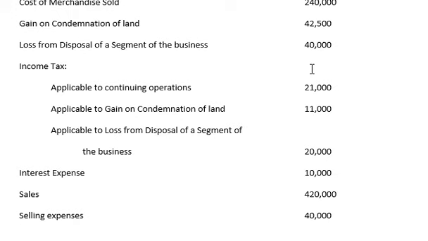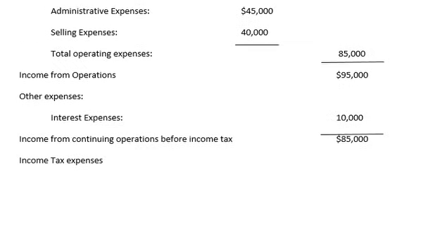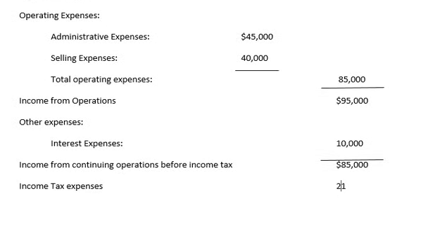This is 21,000, so that is the income tax expense we put in here. After that, we subtract and you get income from continuing operations, which is 64,000.